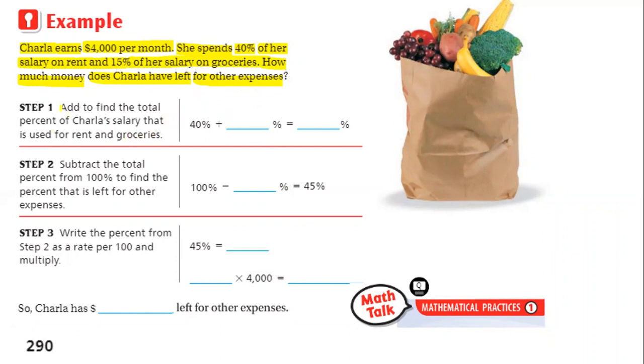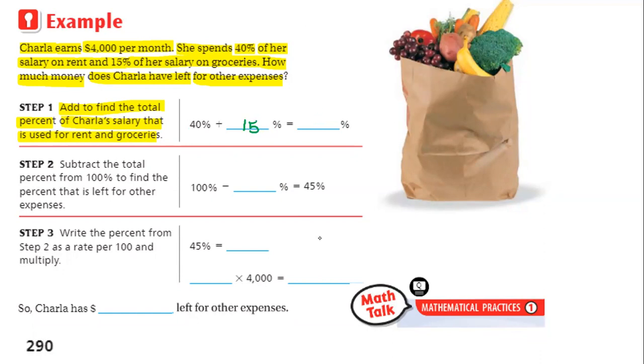Number 1: find the total percent of Carla's salary that was used for rent and groceries. 15 for groceries and 40 for rent. So what is the total here? Focus, my dear students, please.